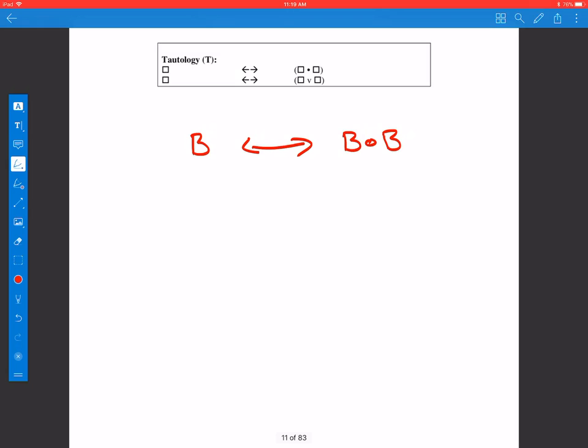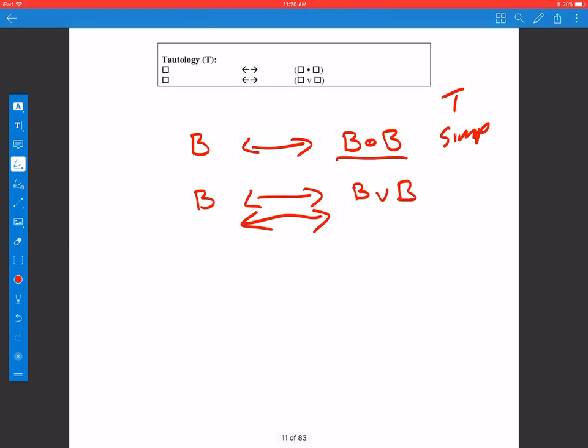And of course, we can go the other way, back to B, which we can do either by the rule tautology, or notice we could use simplification to go from B and B back to B. Or if we had B, we could convert that to B or B. And of course, if we have B or B, well, we must have B so we can go back the other way.